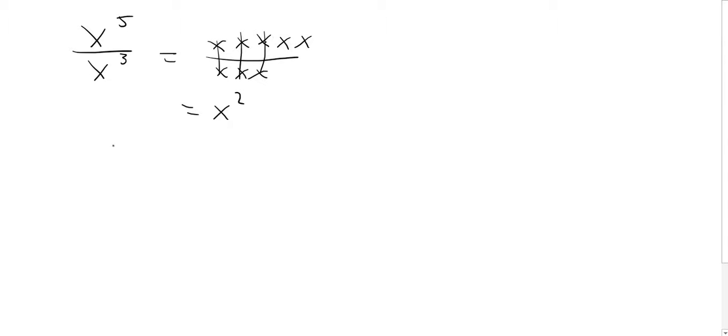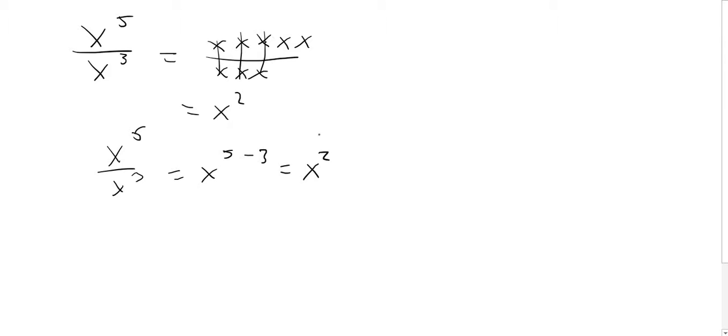But the better way to do it is to say, okay, well, the quotient rule tells me that x to the 5th over x cubed, I'm dividing two things with the same base, so I subtract their exponents, top minus bottom. X to the 5th over x cubed becomes x to the 5th minus 3, which is x squared.